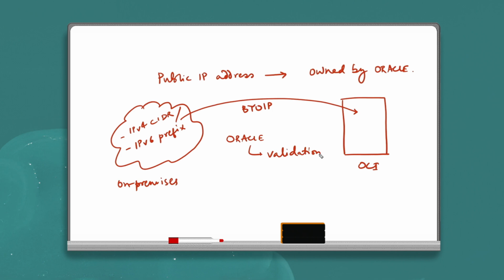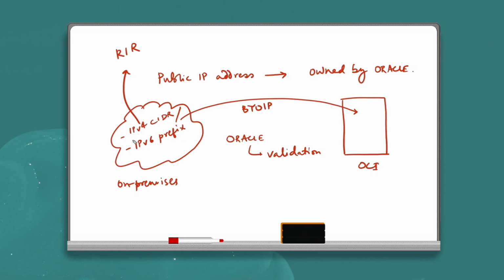The validation is regarding whether you are the owner of the IPv4 CIDR block or IPv6 prefix that you want to import into OCI. And this ownership of these IP addresses must be registered with a supported regional internet registry. So in a nutshell, Oracle validates the ownership of your addresses before it can bring those addresses to OCI.